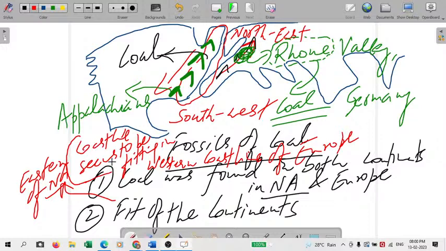Eastern coastline of North America seems to be fitting in western coastline of Europe. ये बोला उन्होंने, ठीक है ना? Eastern coastline of North America seems to be fitting in western coastline of Europe.